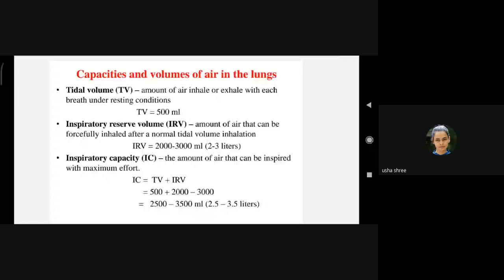Your voice is breaking. Inspiratory volume, ma'am. Tidal volume was okay, inspiratory volume you have to repeat. Yes, now it's better. Is it clear now?